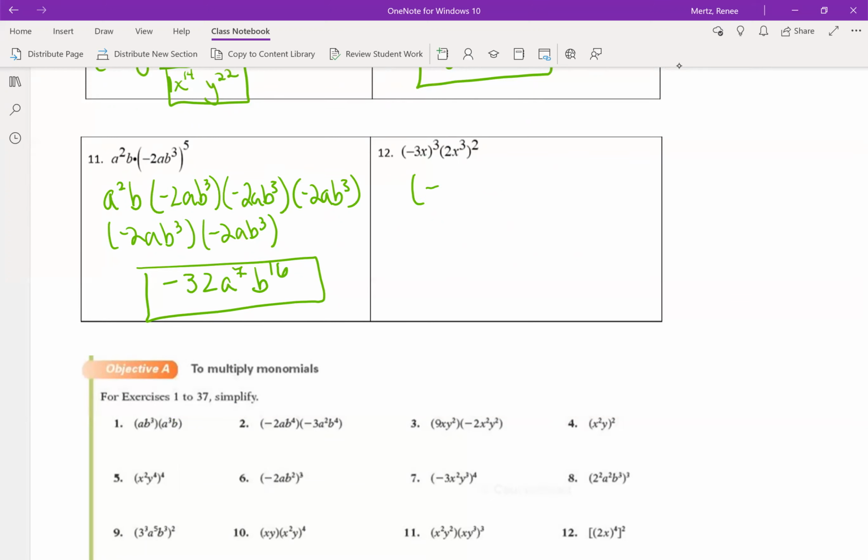Again, if you're doing the shortcut way, it would be negative 27 x cubed over 4x to the 6th, or times, sorry, to get negative 108 x to the 9th. All right, good luck.